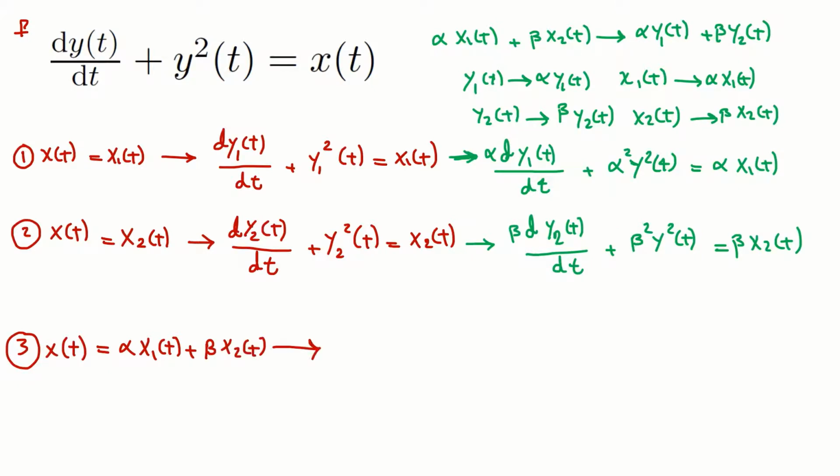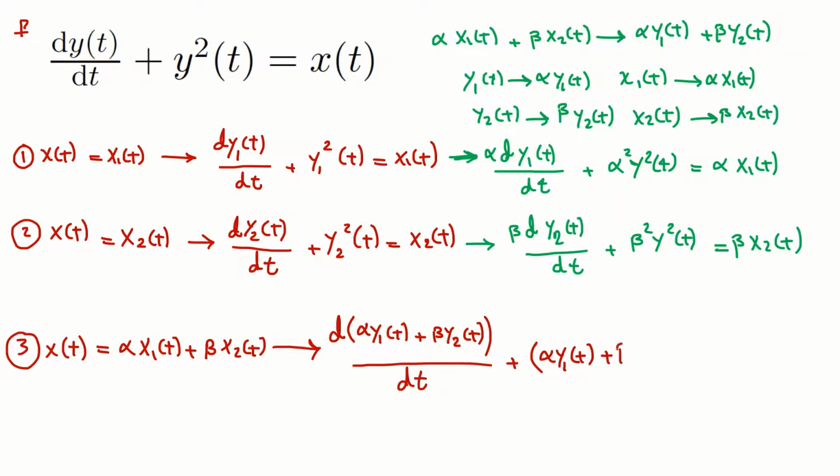If the system is a linear system, then instead of y, we would have alpha y1(t) plus beta y2(t), divided by dt, and plus alpha y1(t) plus beta y2(t) squared.